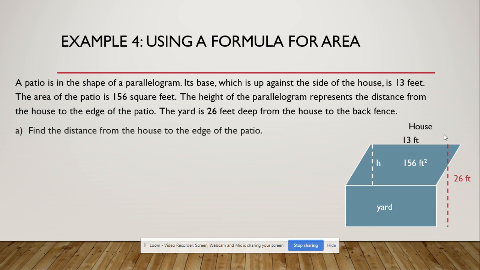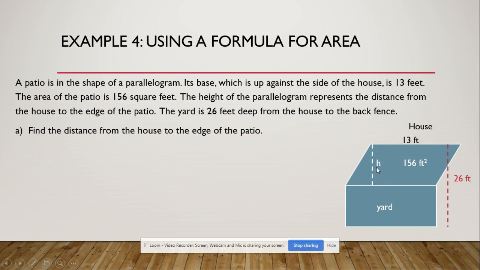Now here's our question. We want to find the distance from the house to the edge of the patio. Now, we know how far it is from the house to the edge of the yard. That's 26 feet. We don't know the distance from the house to the edge of the patio yet, which is just h.